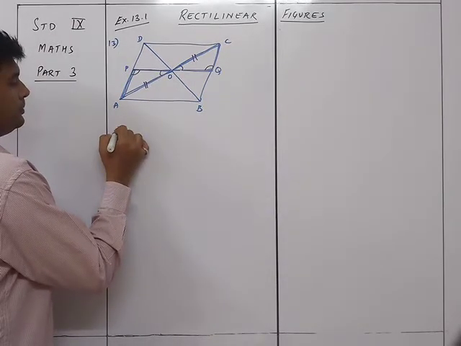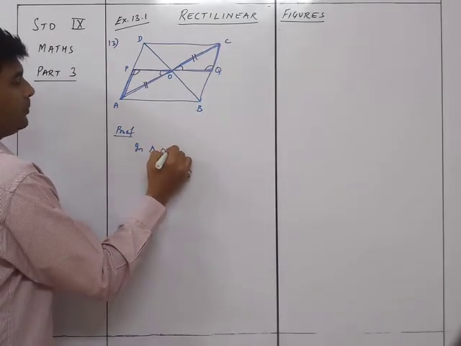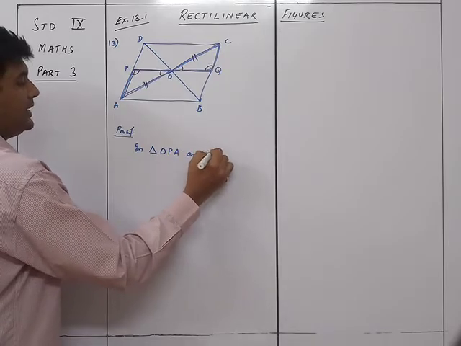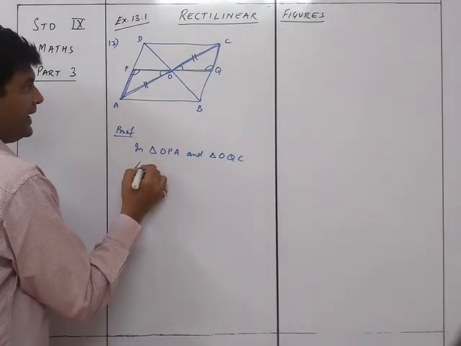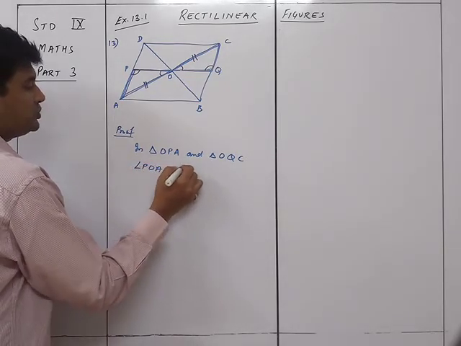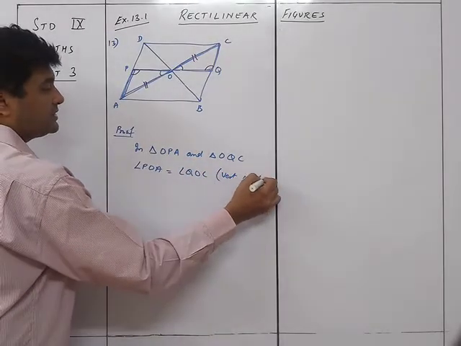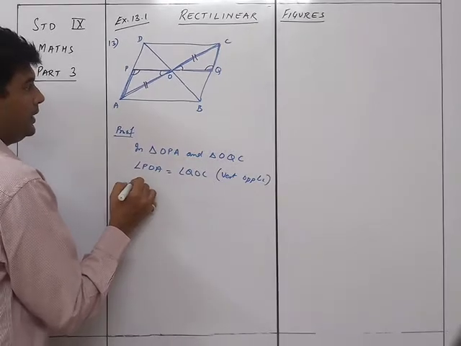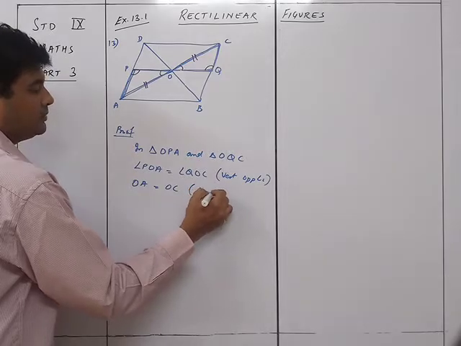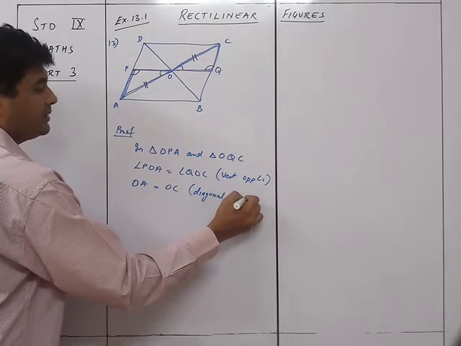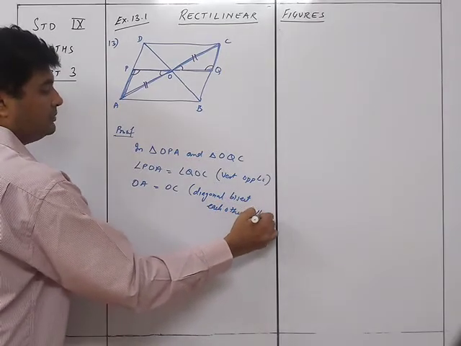Right, so we start with proof. In triangle OPA and triangle OQC, angle POA is equal to angle QOC, vertically opposite angles. OA is equal to OC, diagonals bisect each other in a parallelogram.